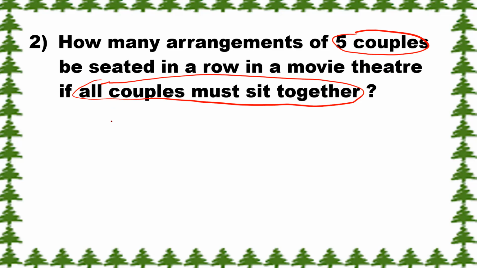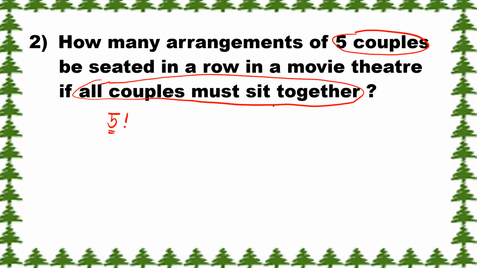Kung each couple must sit together, we also count them as 5. 5 lang. Bakit 5 lang yung count natin? Kasi yung couple, we count them as 1. So if there are 5 couples, we will consider 5. So what will be our arrangement here? Our arrangement here is 5 factorial, or the number of arrangement can be represented by 5 factorial.